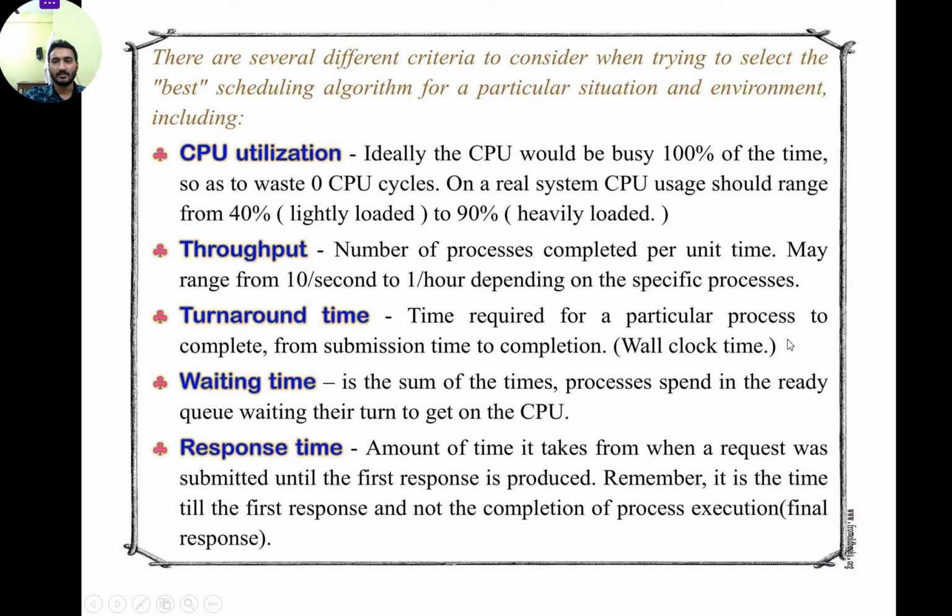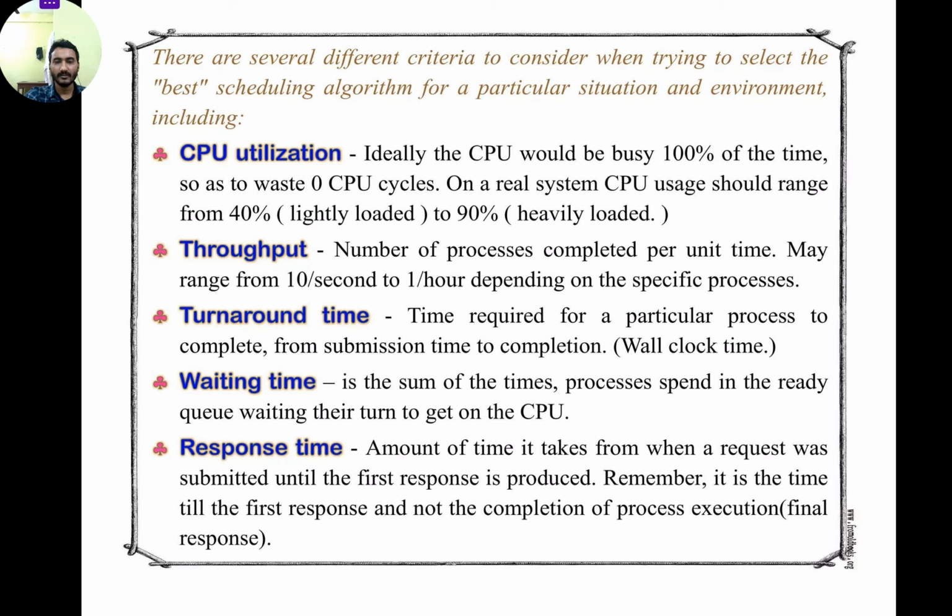It is the time required for a particular process to complete, from submission time to completion. This is also called wall clock time. So this is called turnaround time, meaning the total time taken by a process to complete, in which we also add IO time, waiting time and actual CPU time.